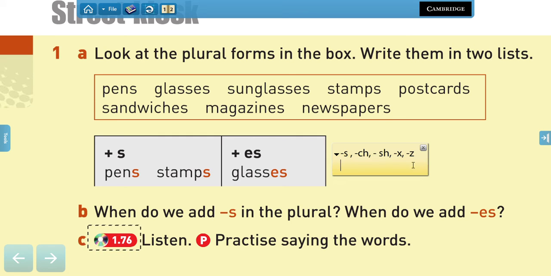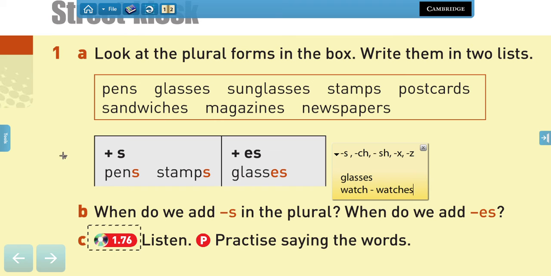That's the example of the word glass, right? It ends in an s. So instead of adding another one, we're going to add es, right? That is the same for the word watch. The plural of watch is watches because it ends in ch, right? So this is a rule that you have to learn.